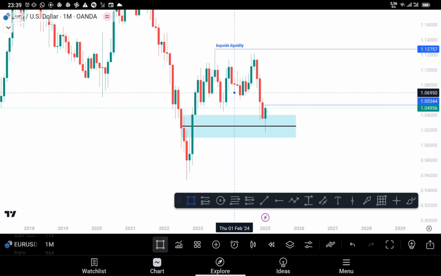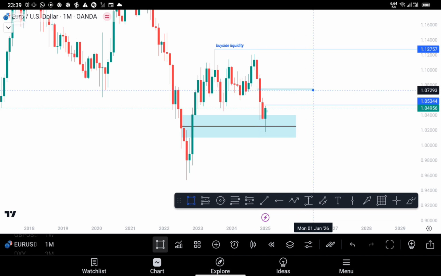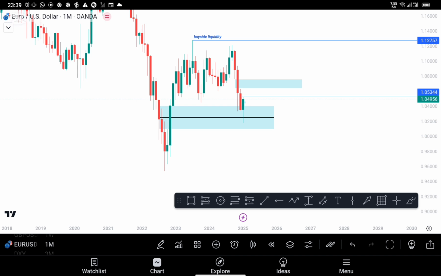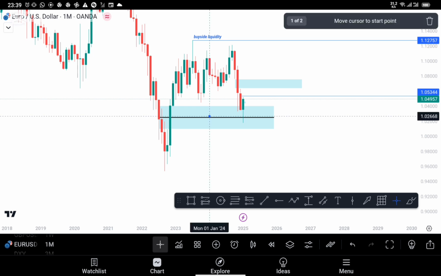Where is our nearest most drawn liquidity? Here. So from here we are looking for bullish prices, and then we're going to go to daily to look for entry models.